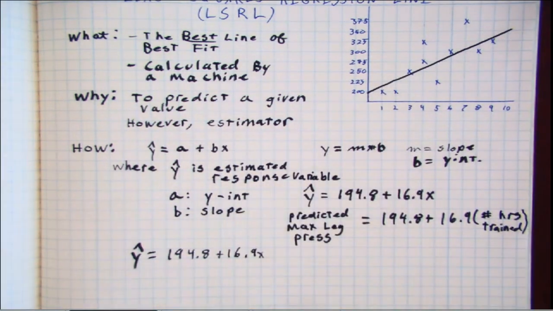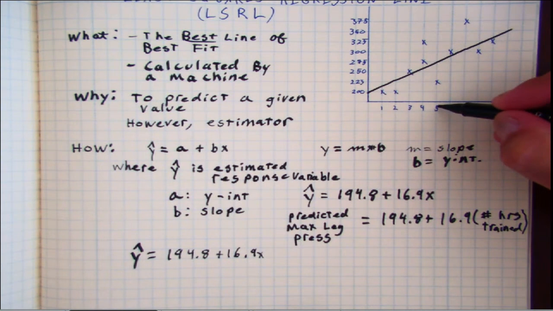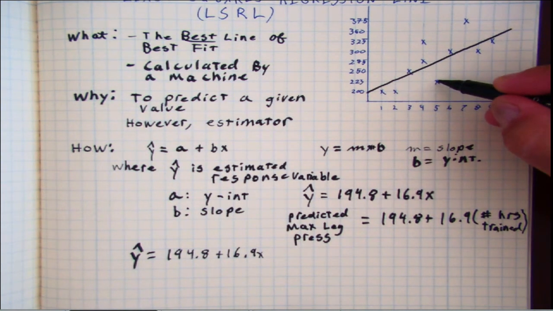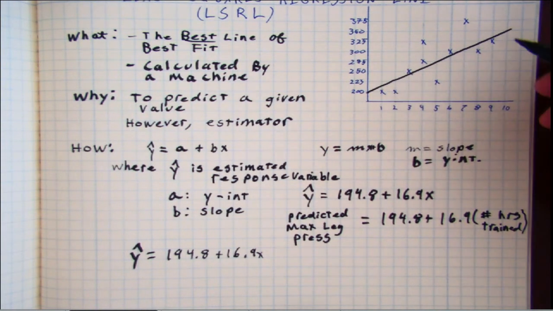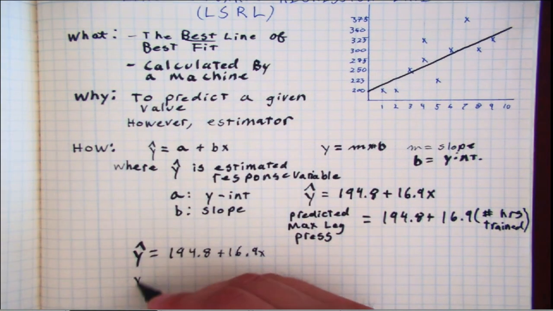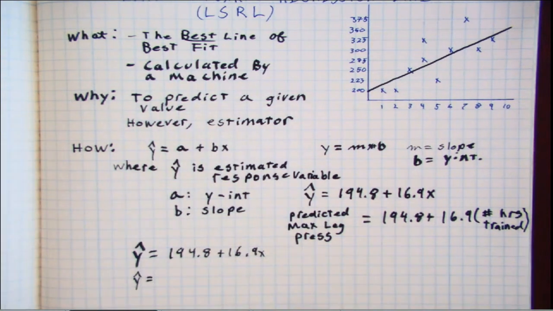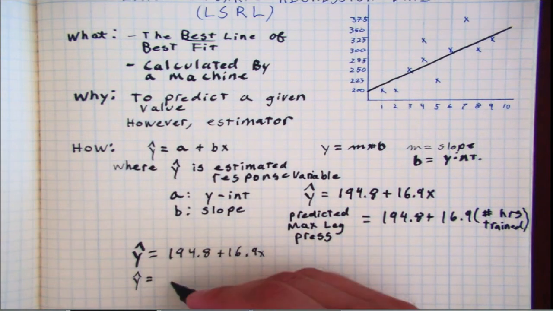So if I look at my chart for 5 hours training, I have 225. Notice that that point is not on this line. Once again, this is an estimate of what the position should be. So let's just check it real quick. What's the estimated value for 5 hours?